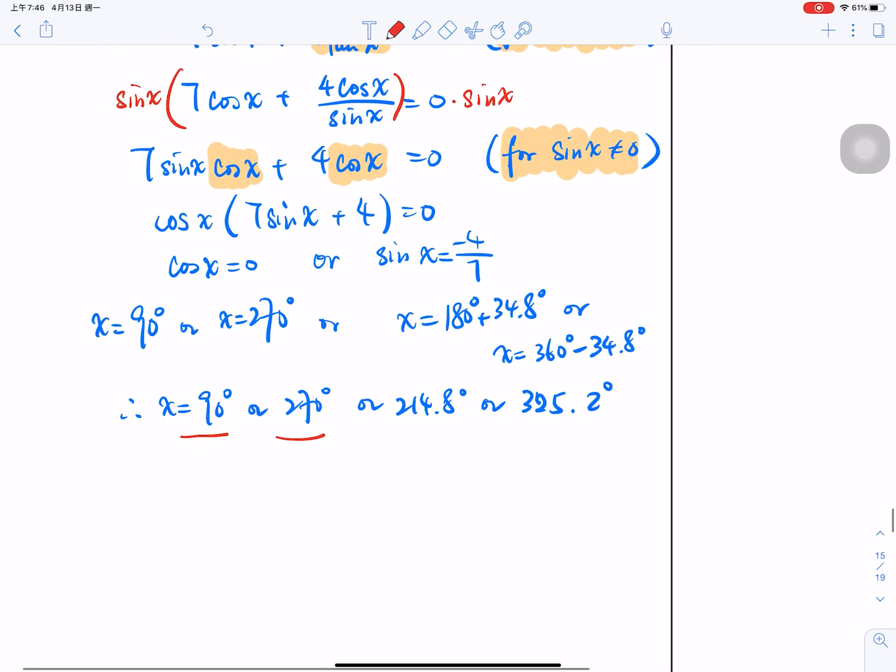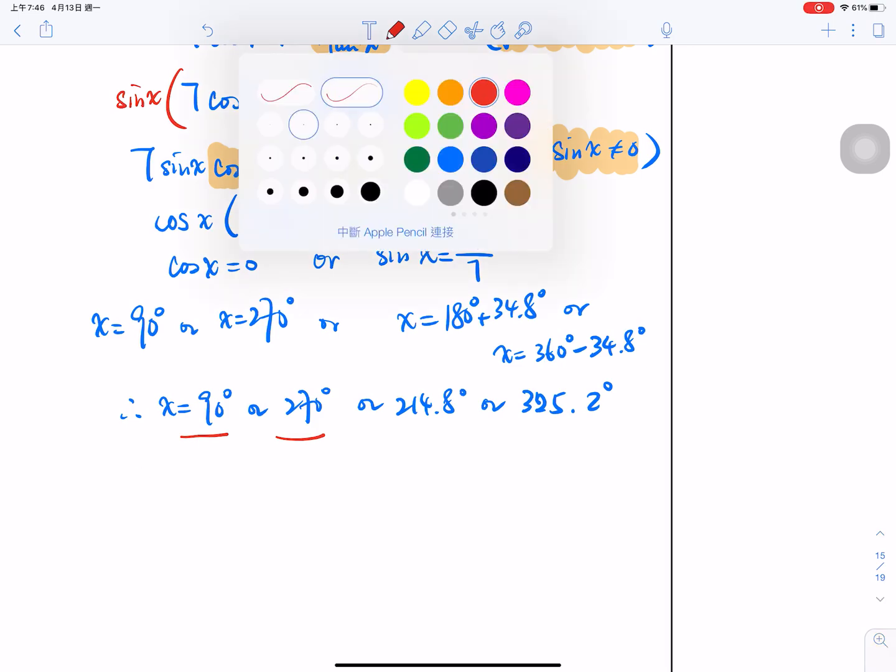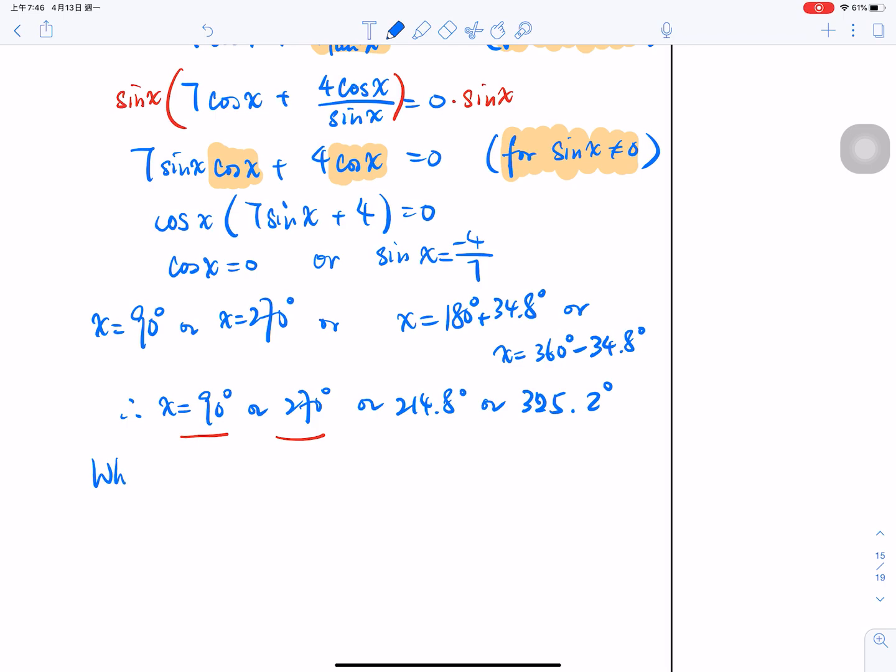So let's see. Maybe use the blue pen. So when x equals 90 degrees or 270 degrees, what happened? Tangent x is undefined. Okay?